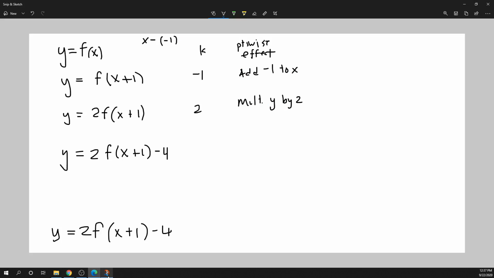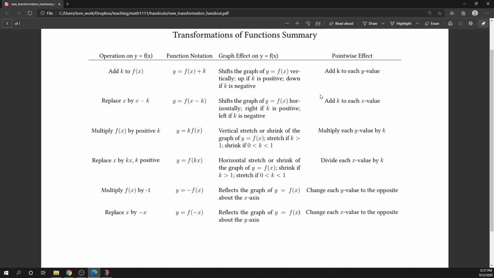So our k in this case is negative 4, and the effect is that we add negative 4 to y on all of our points. That's the pointwise effect here.